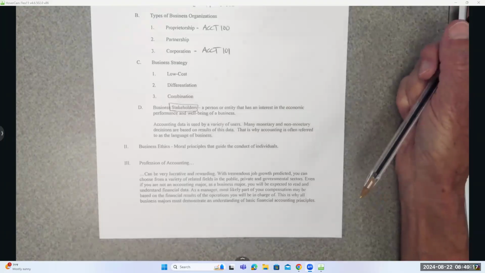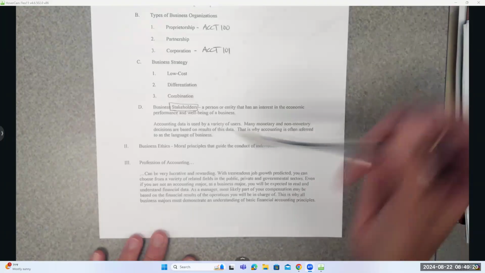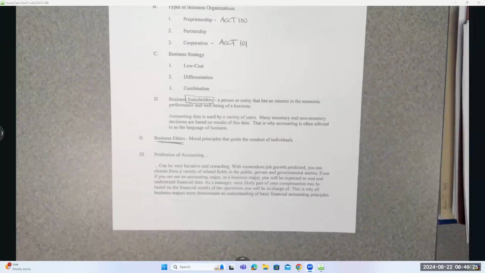So that's who we're preparing the information for. Ethics is an important issue, always has been, but more so lately, because when people do things they're not supposed to do and it makes the news, then everybody has to make special rules to remind people how to be ethical. That is not actually the purpose of the increase in ethics education and class requirements, because I don't know that someone who would be completely unethical would take a class and say, oh, I see the light now, I'm going to be ethical from now on.